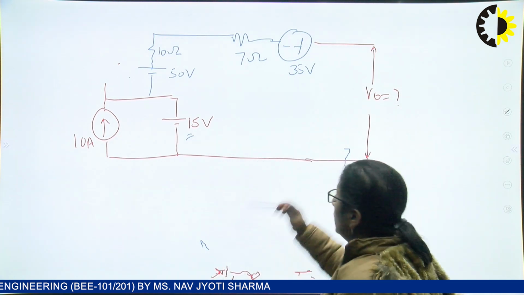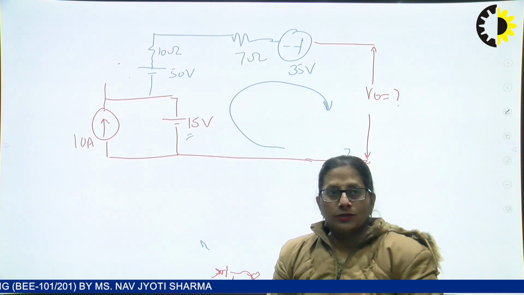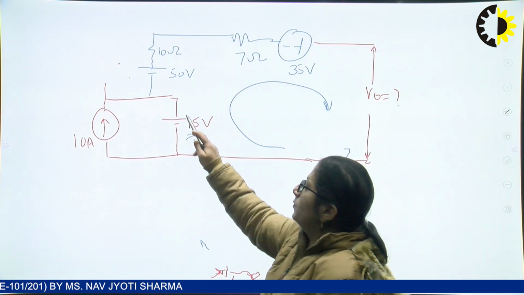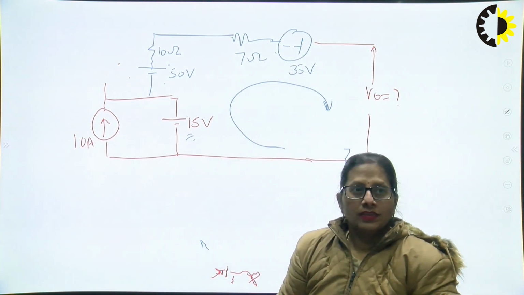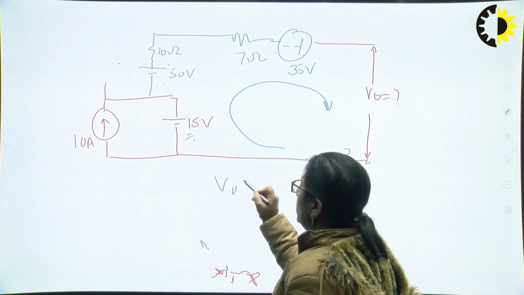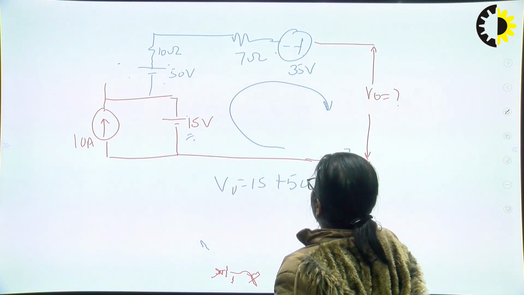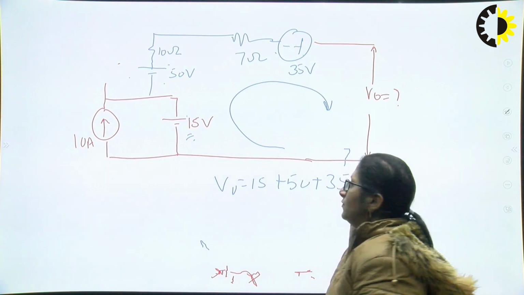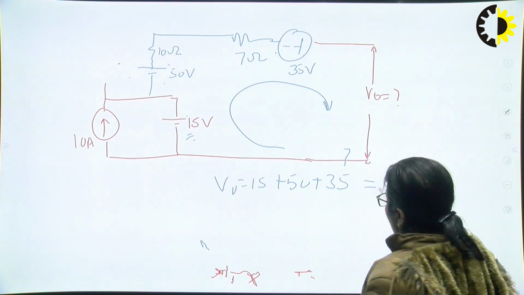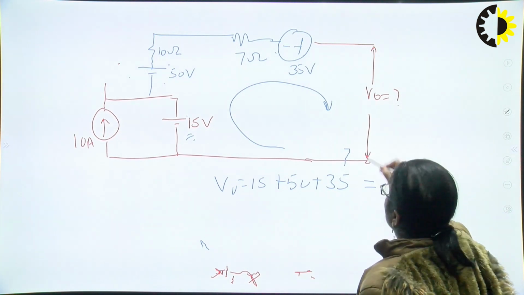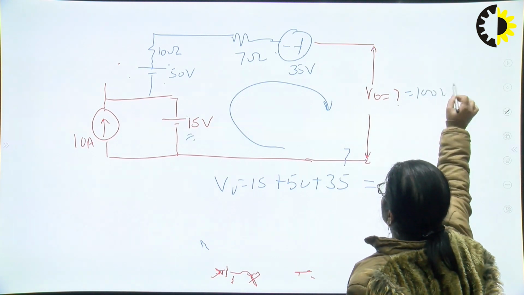So applying KVL through this loop, I'll come to know how much V0 is. This is negative, positive, negative, positive, negative, positive. So V0 is going to be 15 plus 50 plus 35. 35 plus 15 is 50, and 50 plus 50 gets me 100 volts. So the terminal voltage across these two is going to be 100 volts.